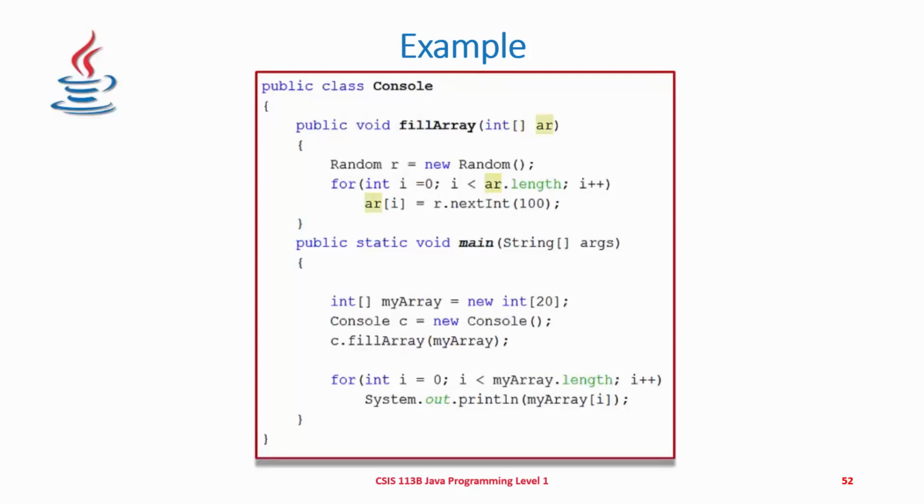So that's what allows the custom method fillArray to modify the actual original myArray that we created down in the main. So there's no need to pass it back out of our method. But don't take my word for it. Like I said, write that code out yourself and run it, and you'll see that that's exactly the case.